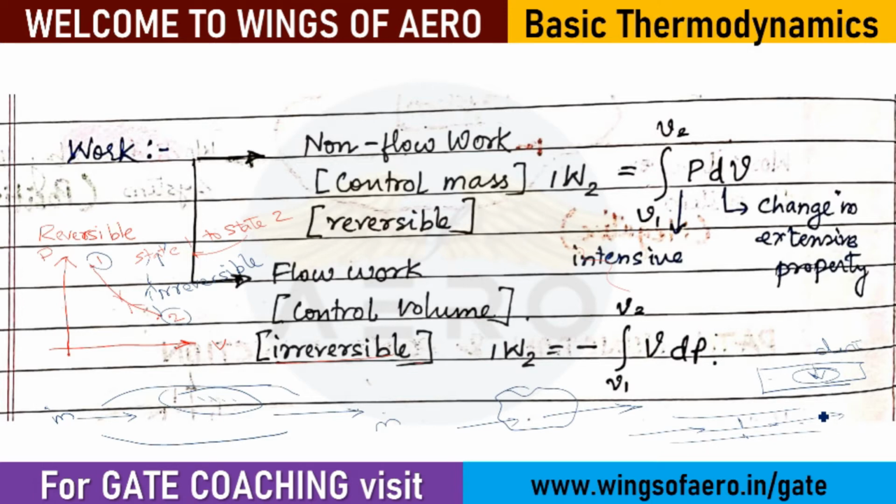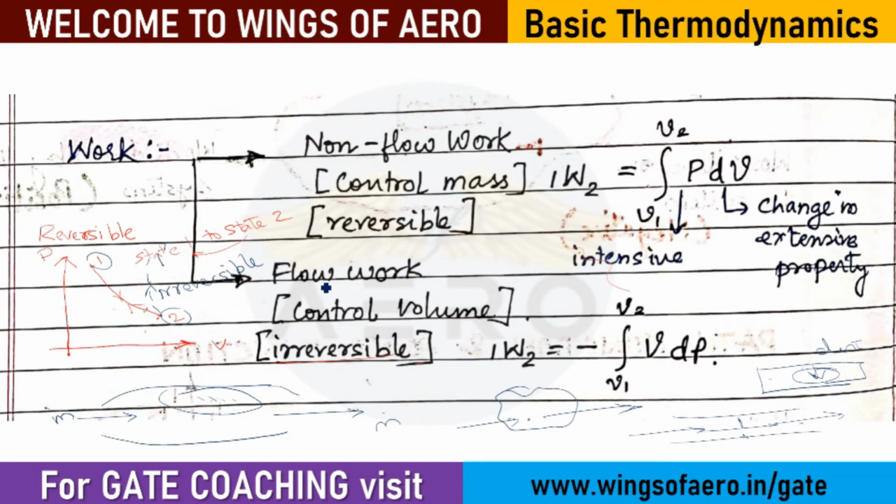Okay, so whatever the application we do, we can see how much amount of work has been performed by each and every system. Now it can also be stated as non-flow work. Non-flow work is a reversible process, or it is also called a control mass, that is, mass is not moving outside, it is coming again and again and moving all around.